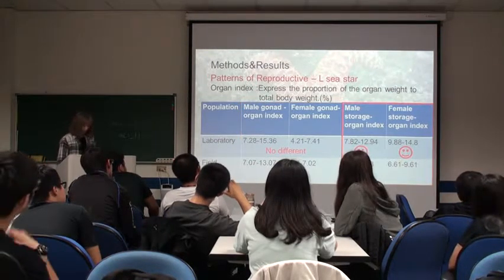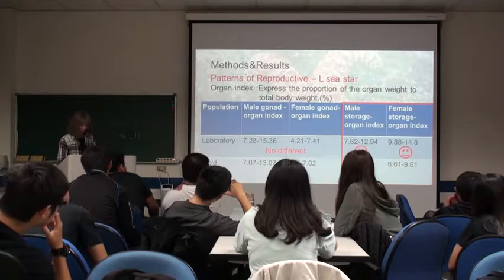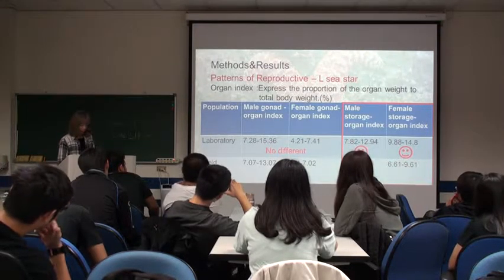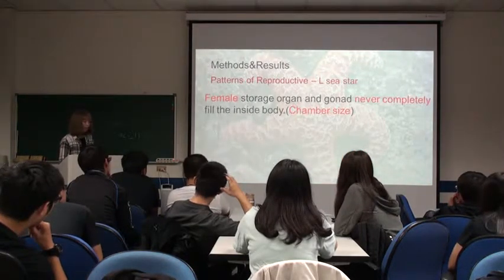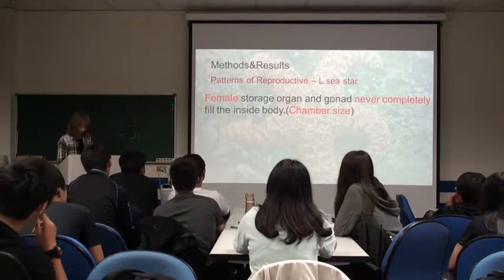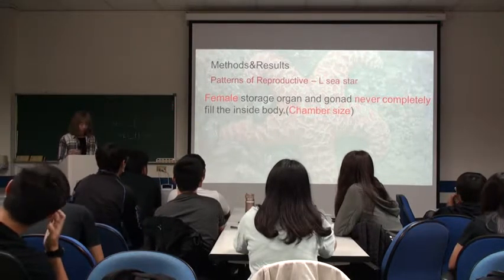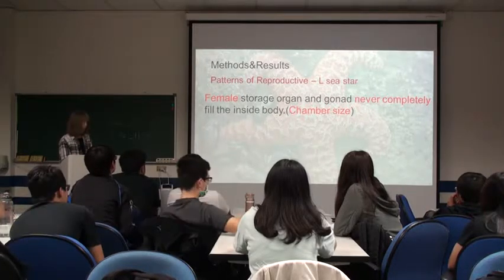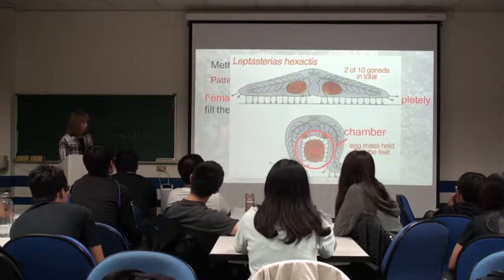But the storage organ was high in the laboratory, and males and females grew to large sizes because of the high food abundance. Female storage organ and gonads combined never completely fill the inside of the body. So female gonad size doesn't respond to energy availability, but to a physical limitation for brooding. Maybe it's limited by the brood chamber size.